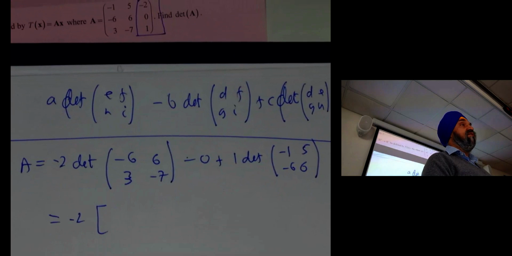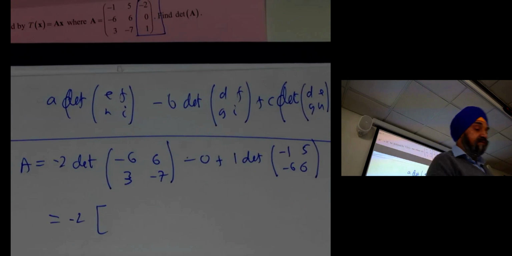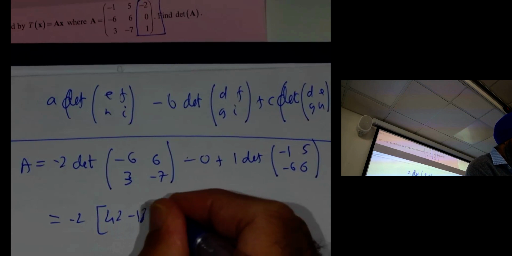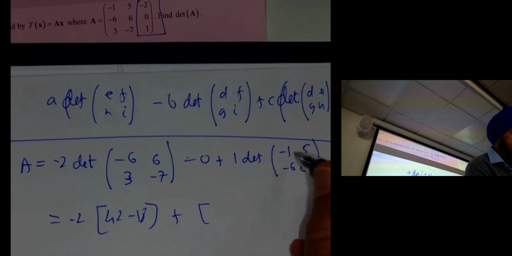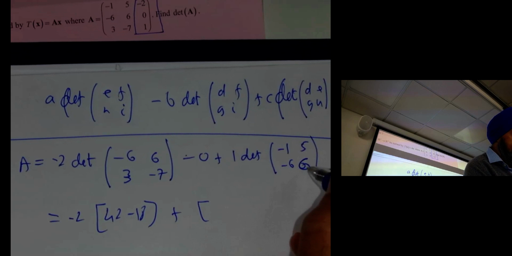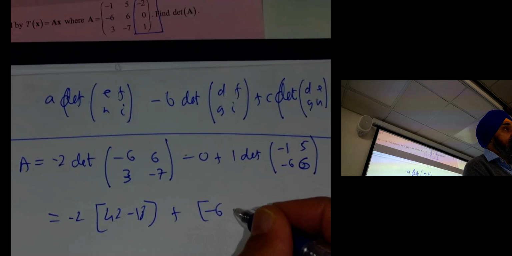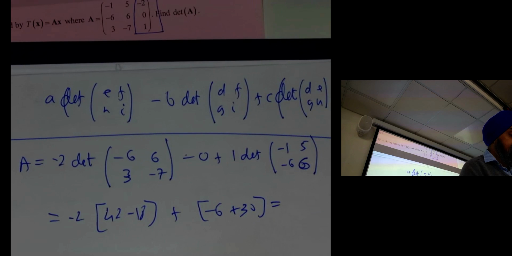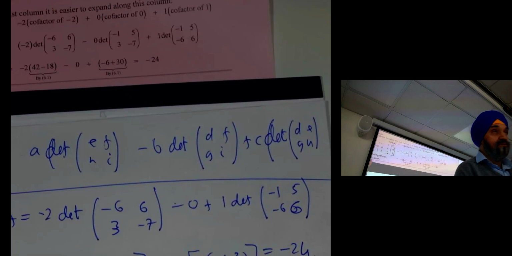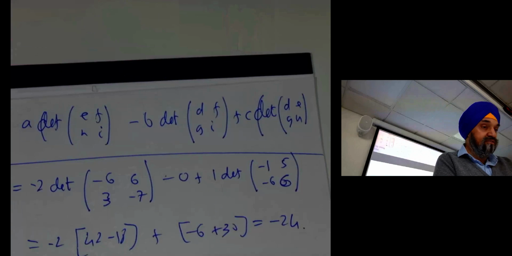How do you work out the determinant of a 2 by 2? 6 times 7 is 42, minus 18, plus 6, minus 6, plus 30. If you work that out, you get an answer of minus 24.